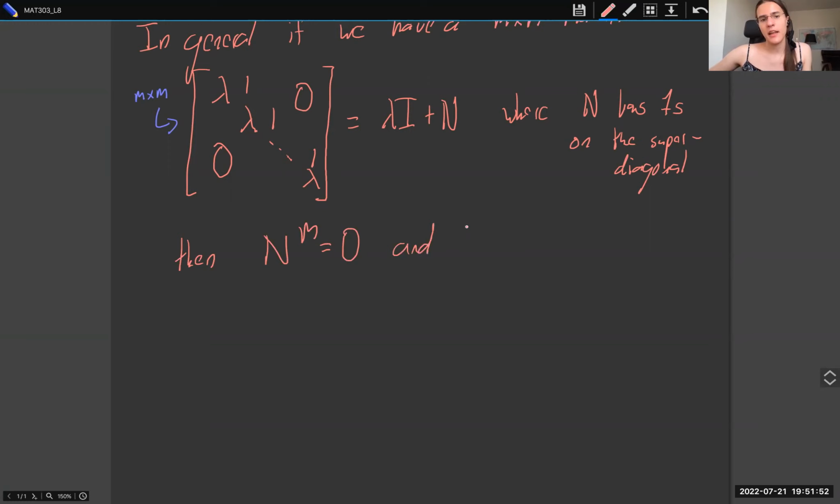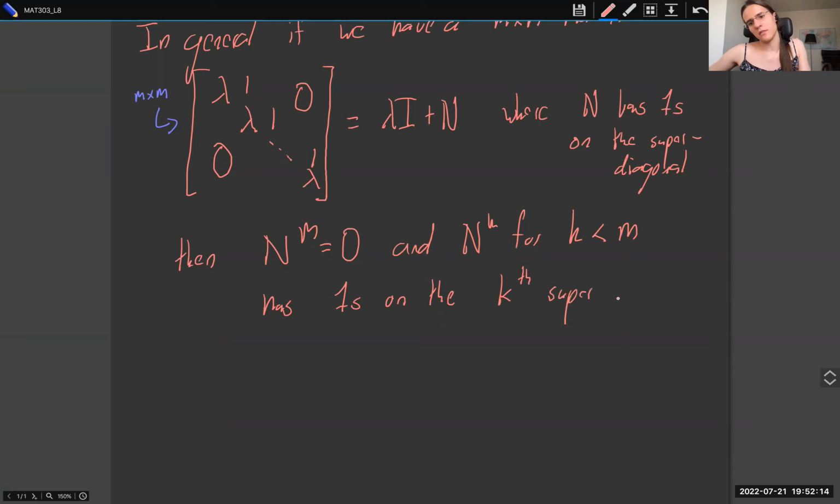And N to the k, for k less than m, has ones on the kth superdiagonal, where the 0 superdiagonal is the diagonal.